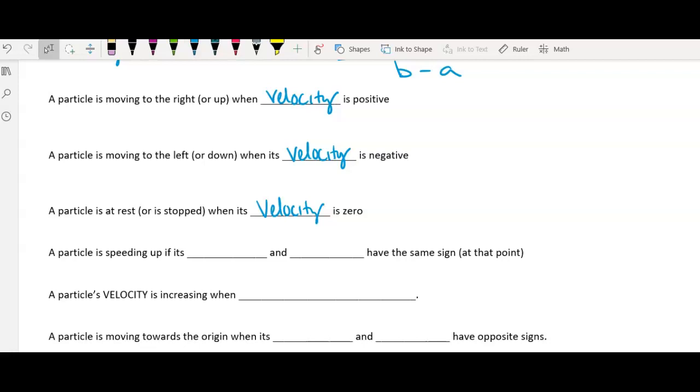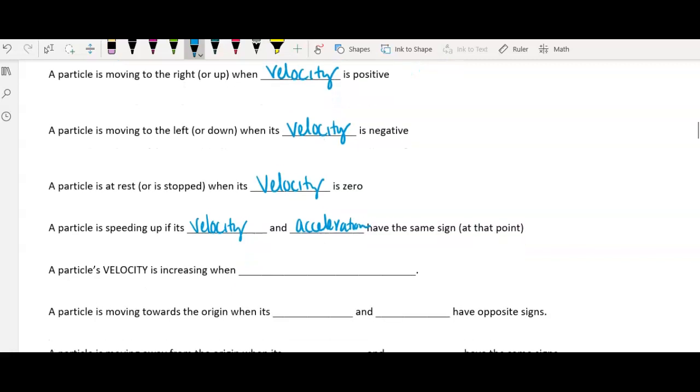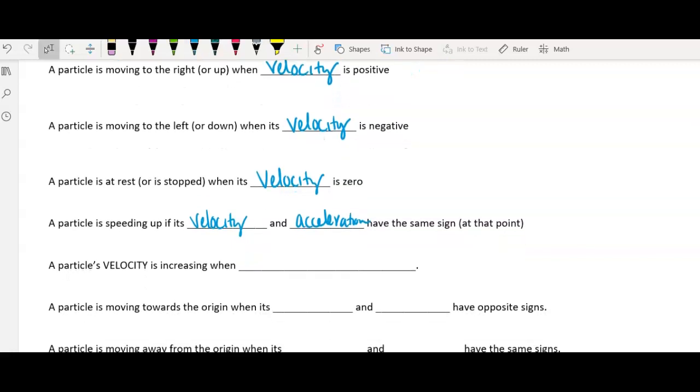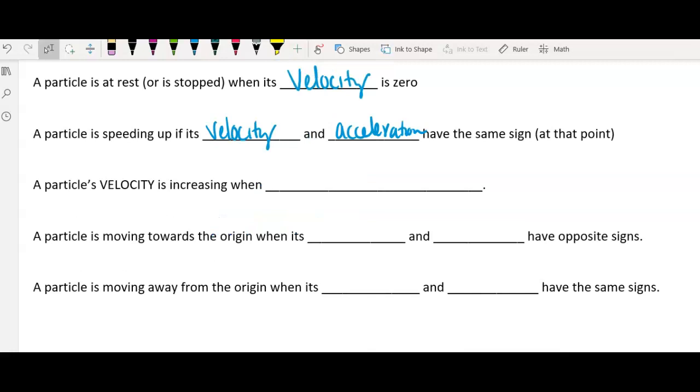A particle is speeding up if its velocity and acceleration have the same signs at that point. A particle's velocity is increasing when acceleration is positive.